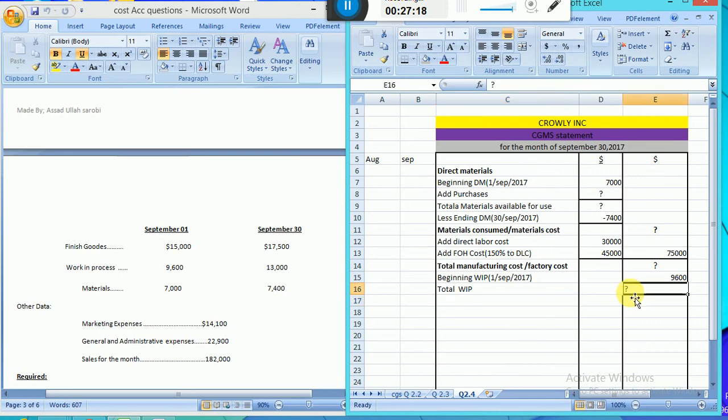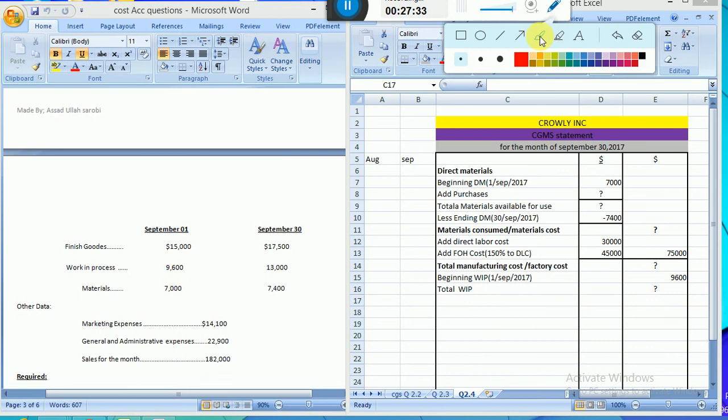Now, today is the end of the month of September. So we also have some work in process remaining that is not converted to finished goods in the month of September, and that is how much? 13,000. The 9,600 on September 1st is the August month remaining, and this is this month's remaining.